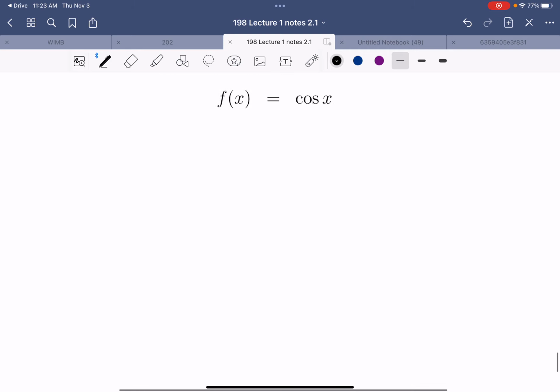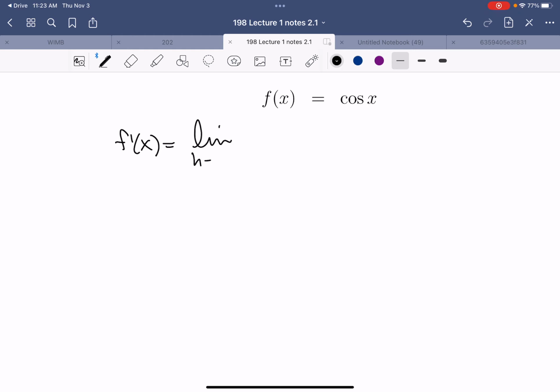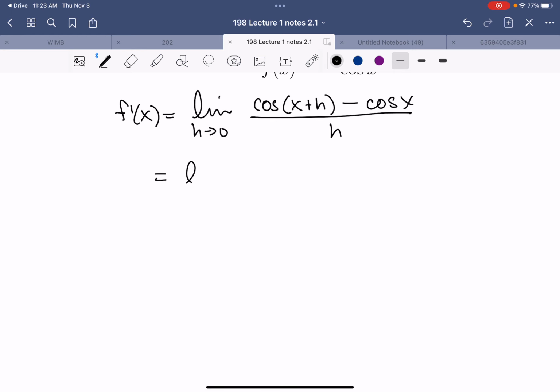If we do exactly the same thing, we're going to have the limit, f prime of x, let's use good notation first, is the limit as h goes to 0 of cosine of x plus h minus the cosine of x all over h. And the identity that we want here is the limit as h goes to 0.